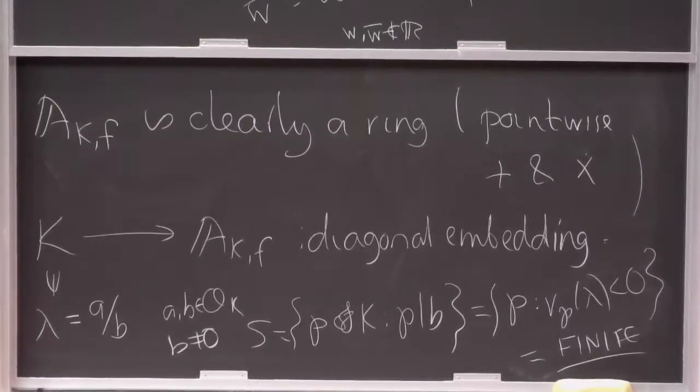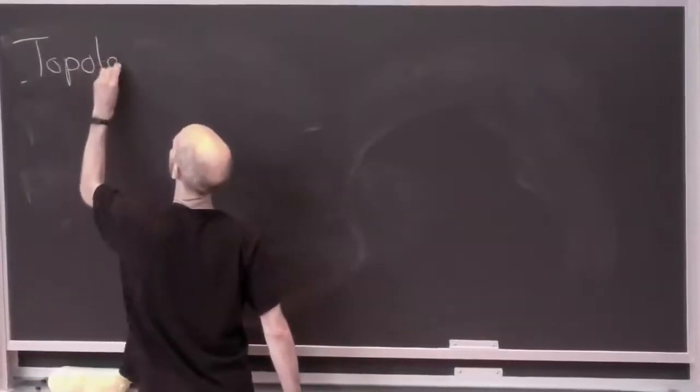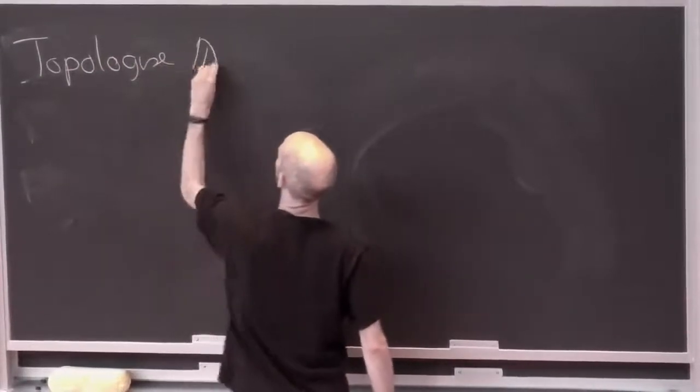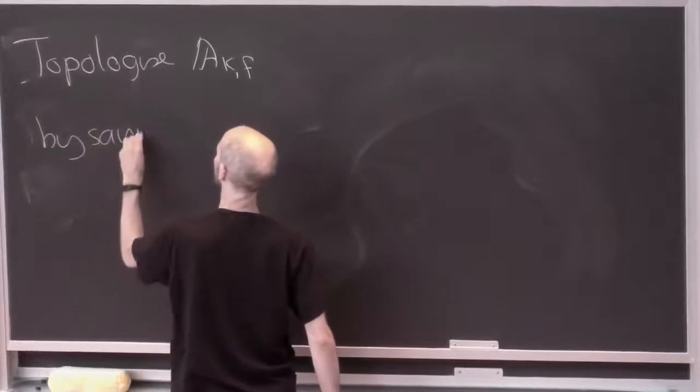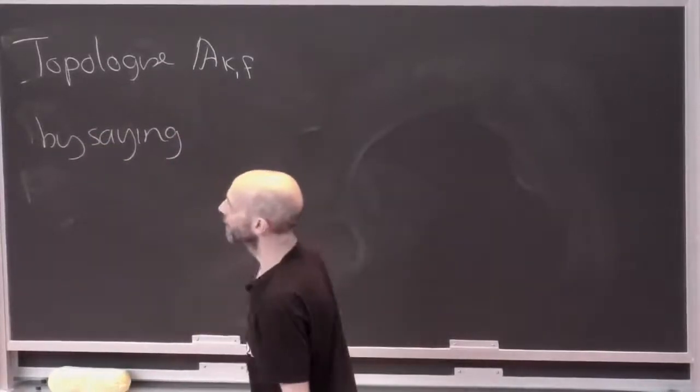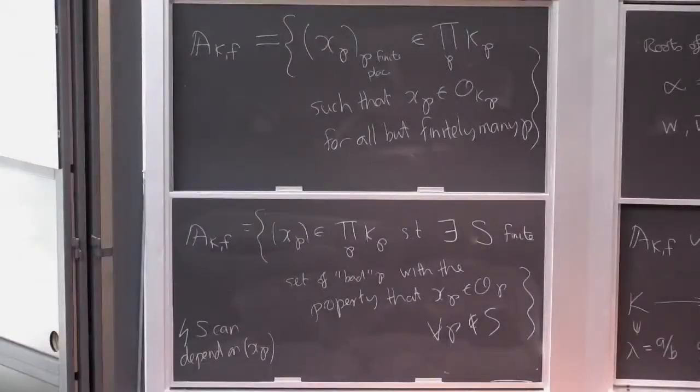So AKF is a really unwieldy object. I'm going to give it a topology. Let's topologize AKF by saying there's this random finite set of places where I'm allowed to be a little bit denominatory. Let's just imagine that set is empty temporarily.